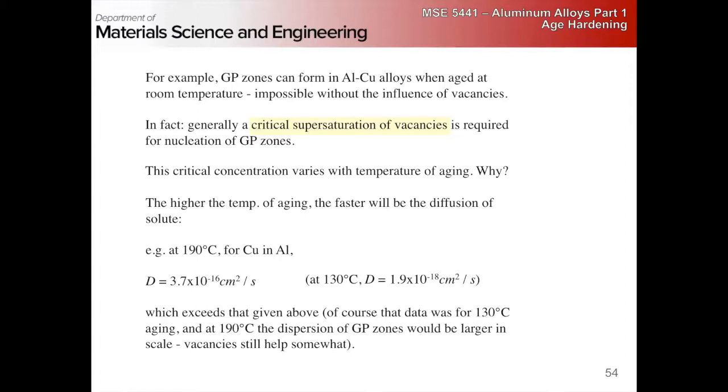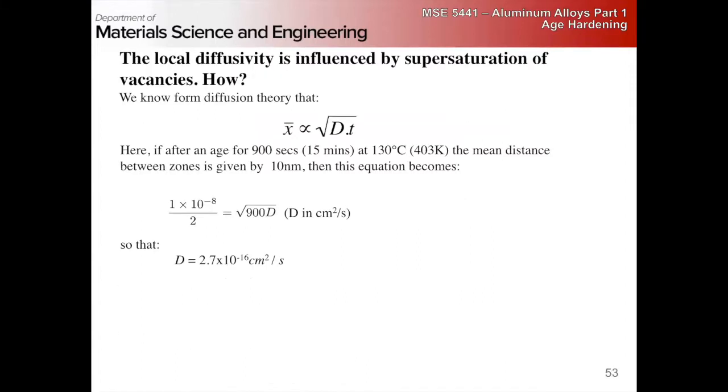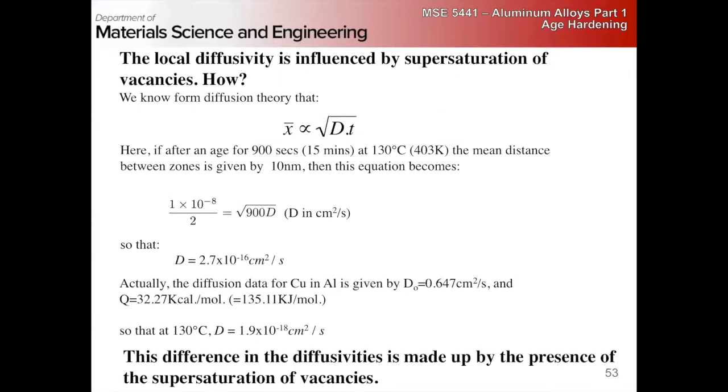If we raise the temperature up, this is at 130. You look on the table and our diffusivity is 10 to the minus 18, but with the vacancies, we get an effective diffusivity of 10 to the minus 16.